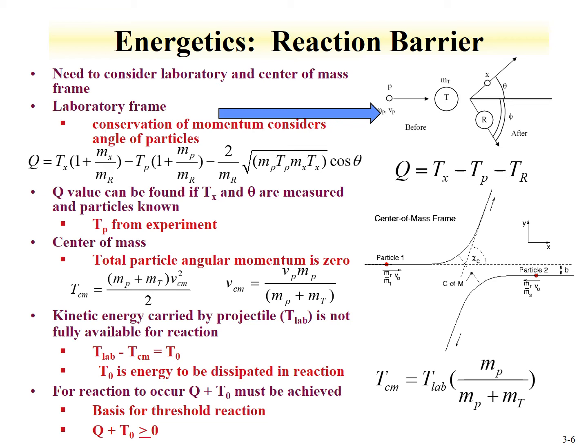projectile. Now there's an equation here where we see that the Q value can be a sum of terms related to masses and the kinetic energy. So the kinetic energy of X would be the particle here. The kinetic energy of P is our projectile, and we also have information related to the kinetic energy of the product.